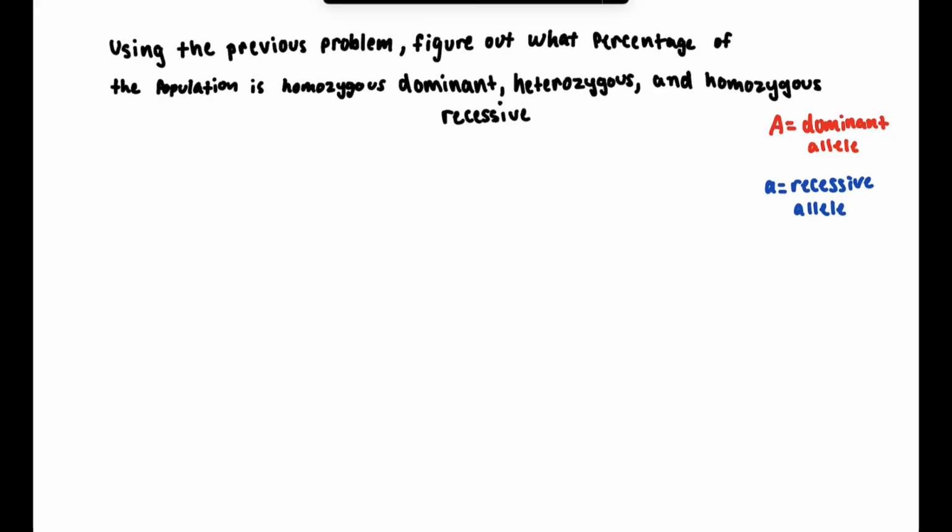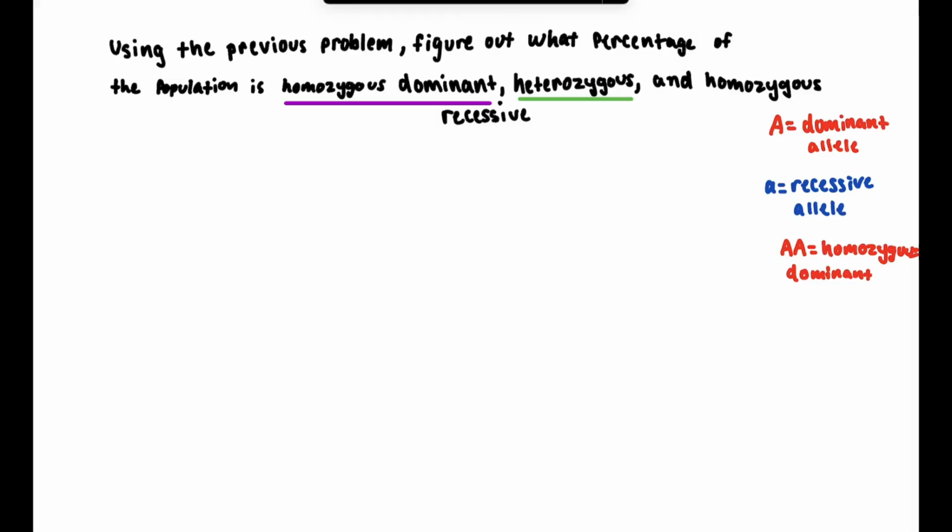We know from earlier in the video when I defined these terms, homozygous dominant means you only have the dominant allele. This would mean big A big A equals homozygous dominant. We know that heterozygous is when you have the recessive allele and the dominant allele.